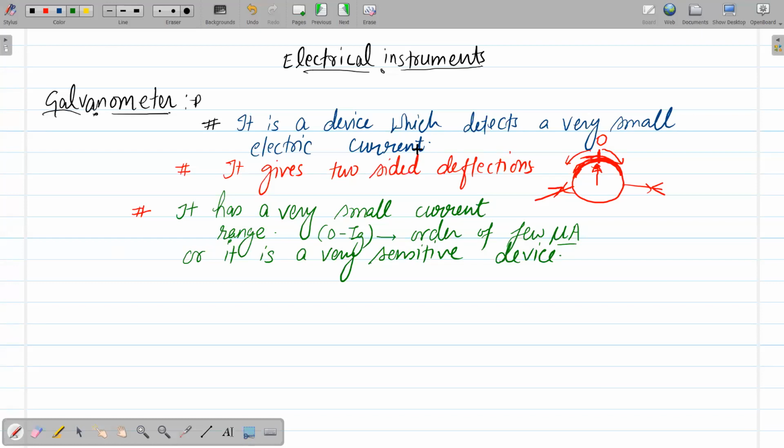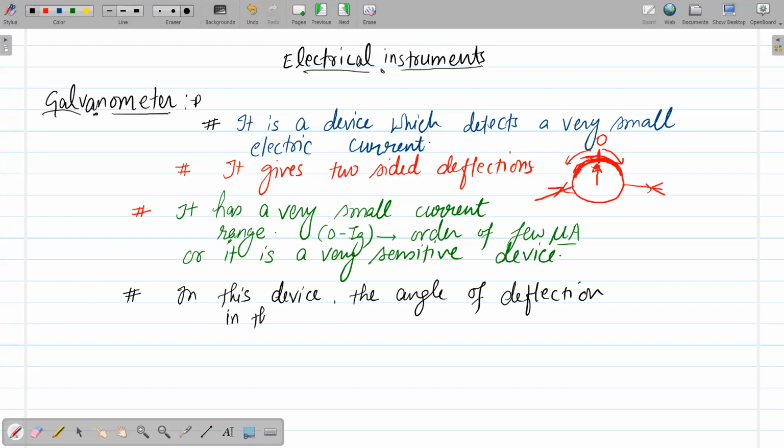Now let's talk about one more thing related to this galvanometer. In this device, the angle of deflection in the needle, that is theta, is directly proportional to current I. I is the electric current flowing through it.